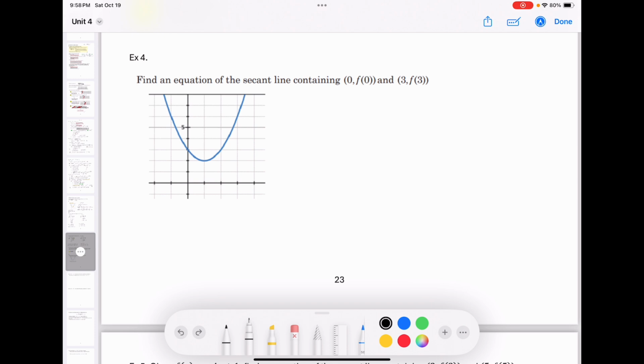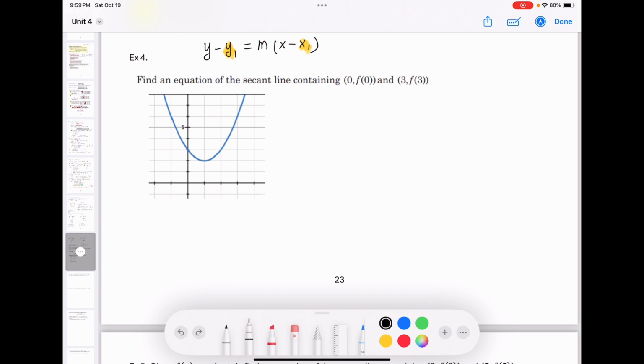The secant line is a linear line. A linear line has the equation y minus y sub 1 is equal to m times x minus x sub 1, and the given information is y sub 1, x sub 1. If I know the slope, I can construct an equation. So let's find this information.